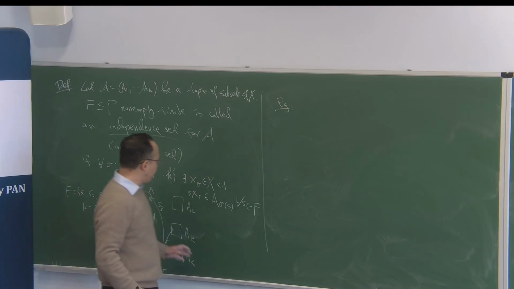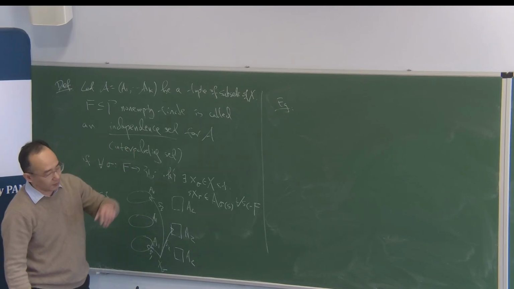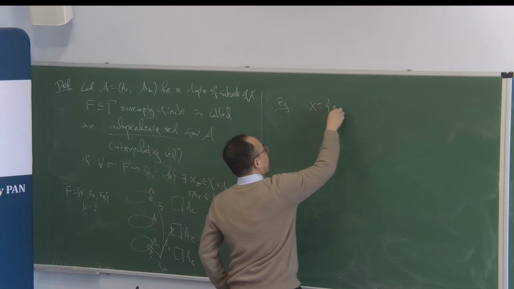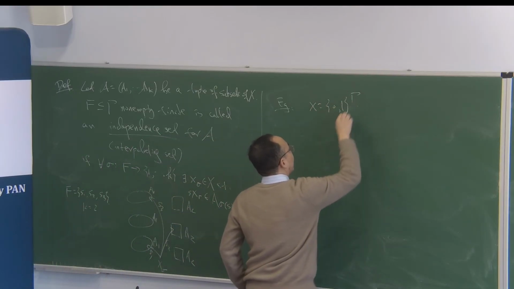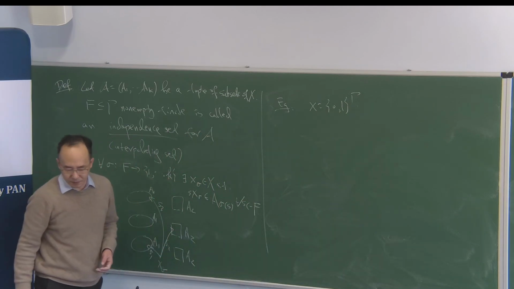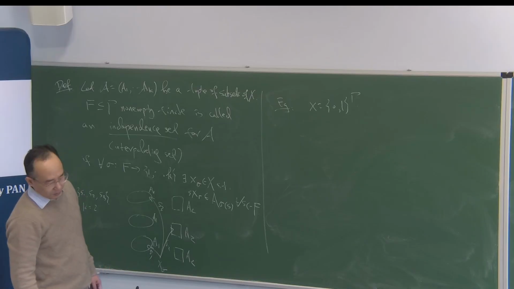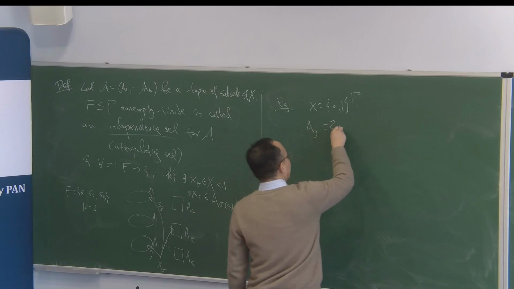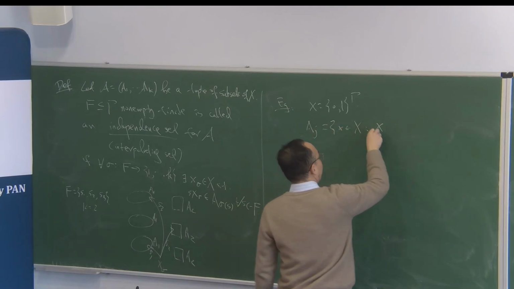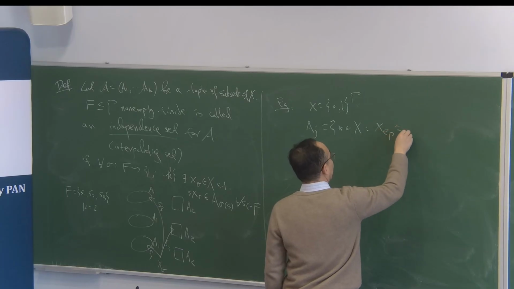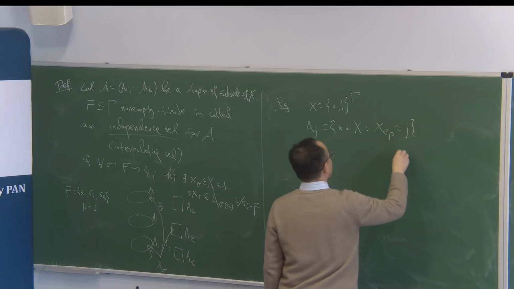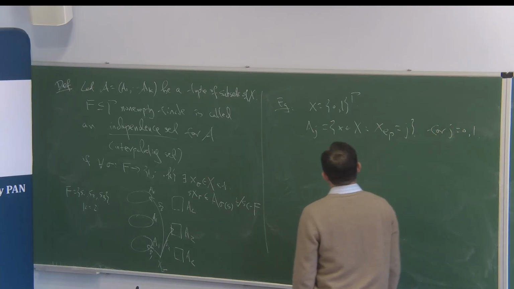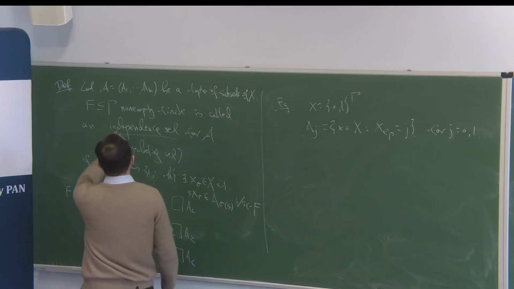One example to keep in mind here is the full Bernoulli shift. Take X to be {0,1} to the Gamma, so the finite set is just two symbols, 0 and 1. Take here Aj to be the points where the value at the identity element is simply j, for j equal to 0 and 1. So we get two sets here.